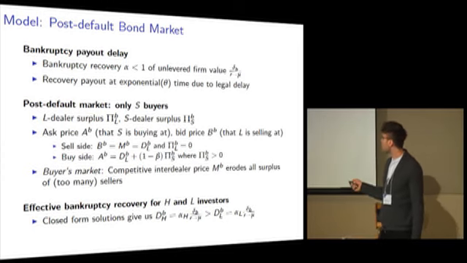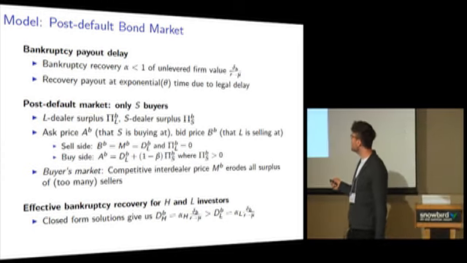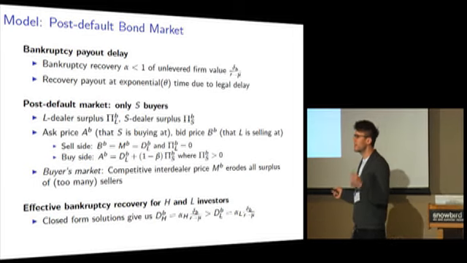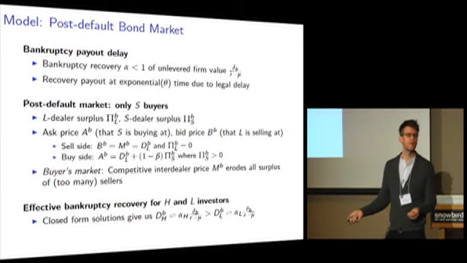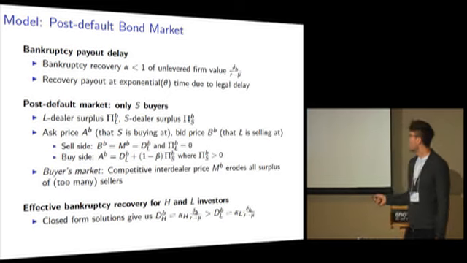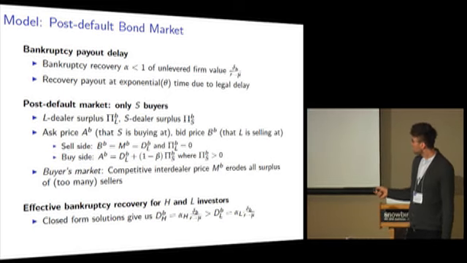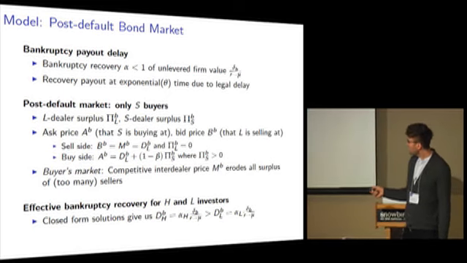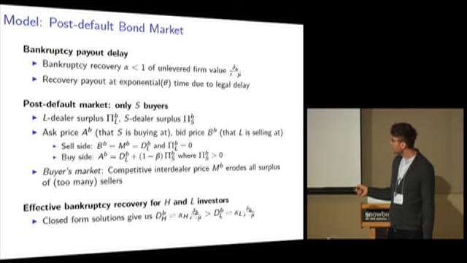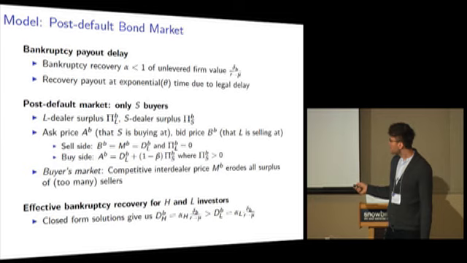Now in the post-default market, remember there's only specialist buyers. There's only these hedge funds who buy, but there's not enough of them for the big selling pressure. So what happens is that the seller, the L dealer pair, when they transact, they create a surplus pi L, and the specialist dealer pair gets a surplus S. So this is the buying surplus, this is the selling surplus.